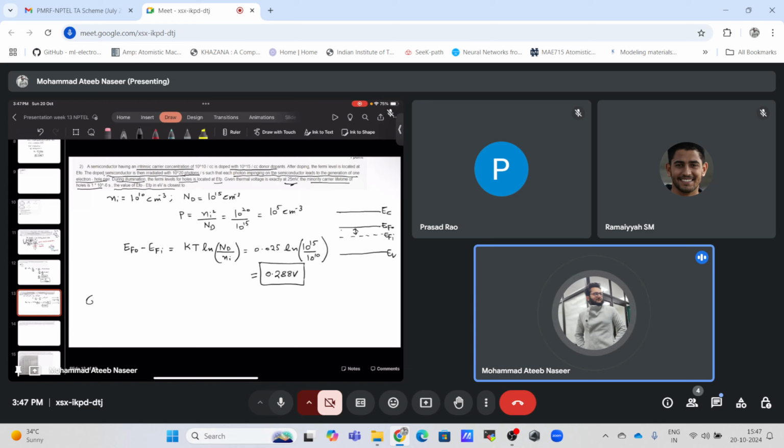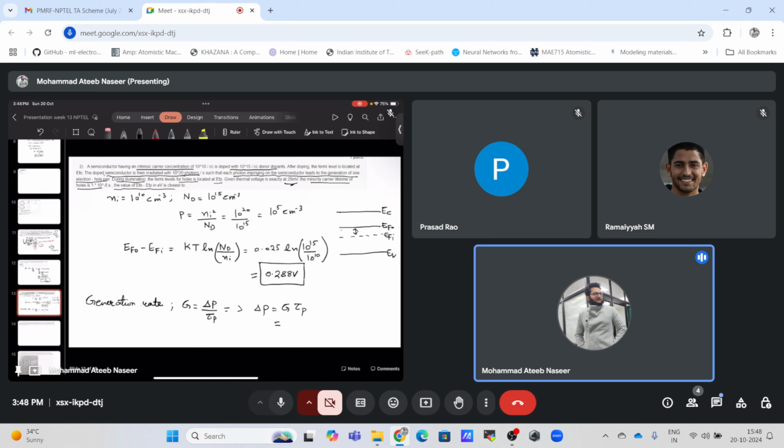Let's look into this generation rate first. The generation rate G is simply delta P by tau P, because how much you generate depends on the generation rate as well as the minority carrier lifetime. So delta P is simply the generation rate times the minority carrier lifetime.